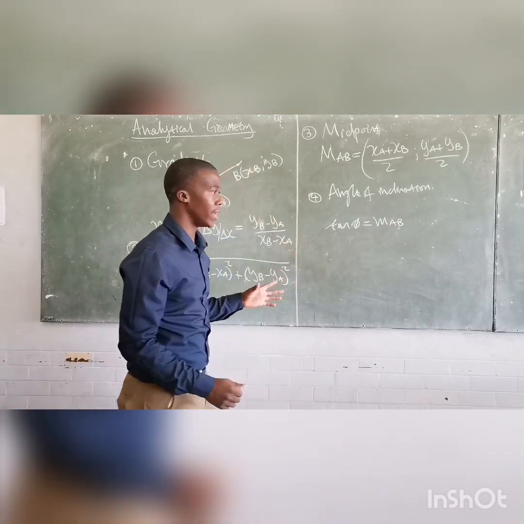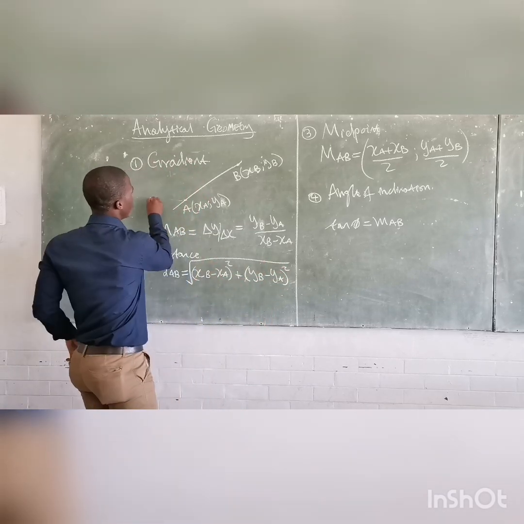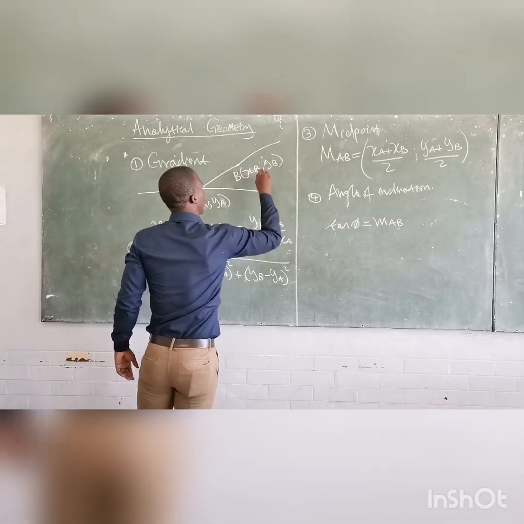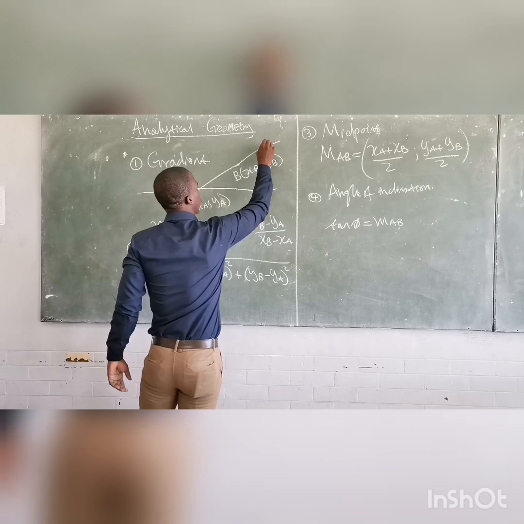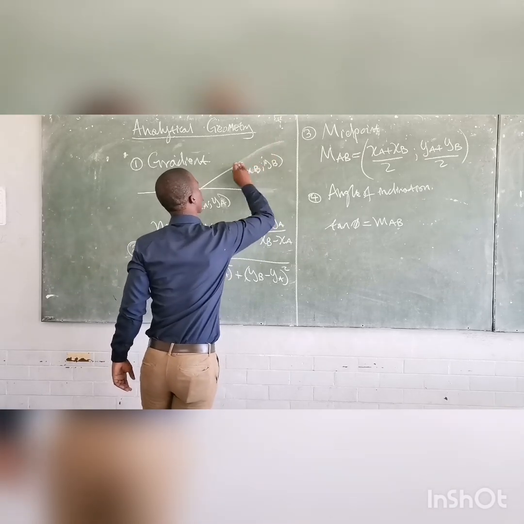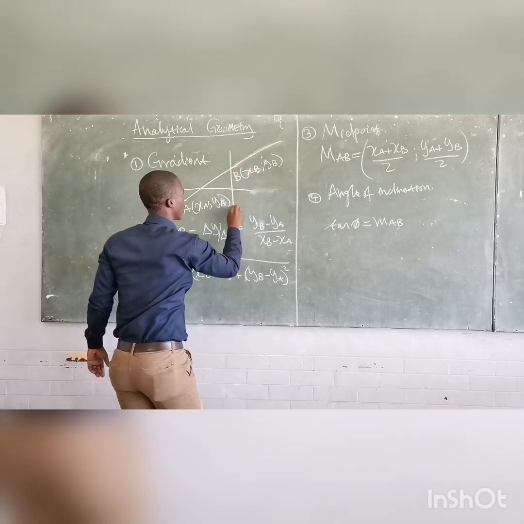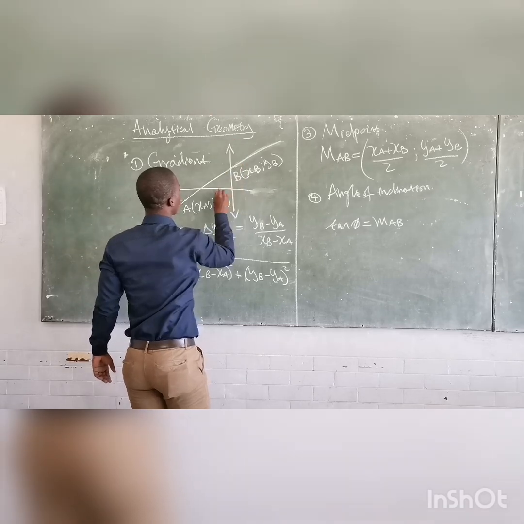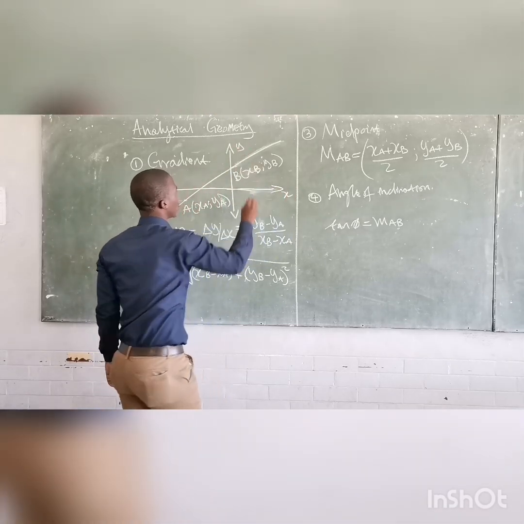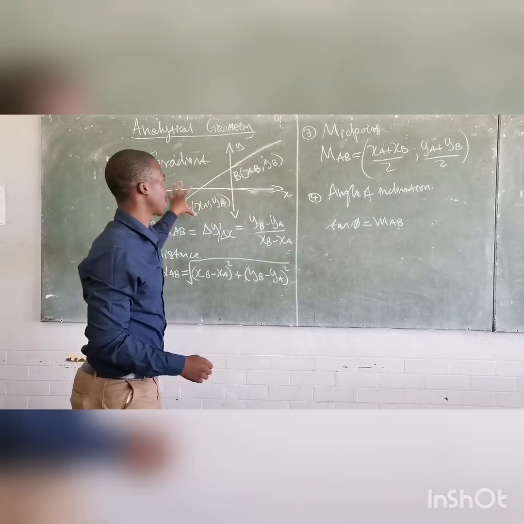On the Cartesian plane, for example, if we were to draw the angle of inclination, there is our Cartesian plane.